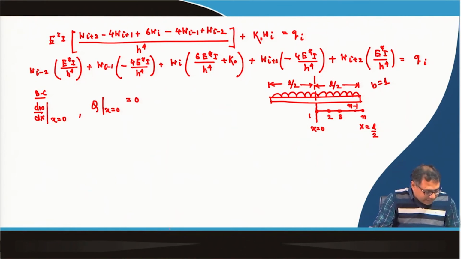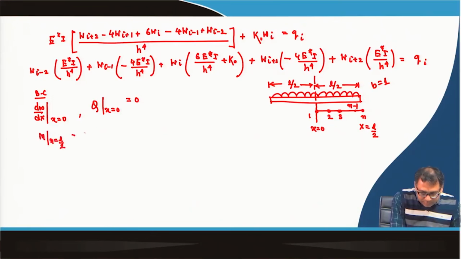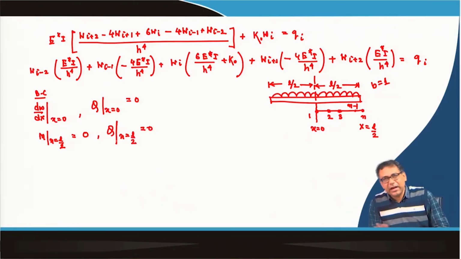Now, at the end, the bending moment at x equal to L by 2 will be 0 and the shear force at x equal to L by 2 will be 0, because it is a free end beam.